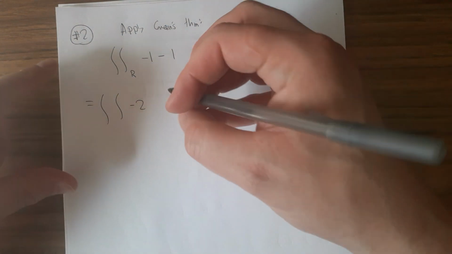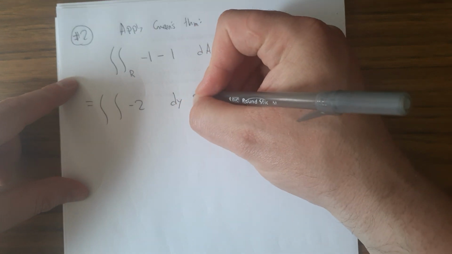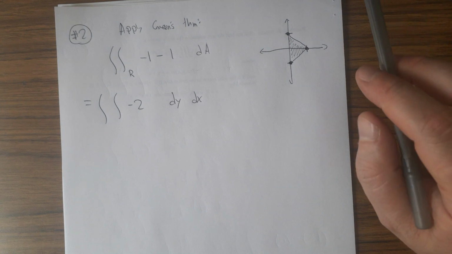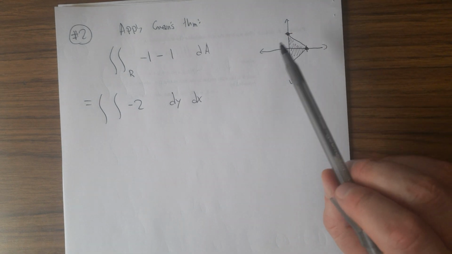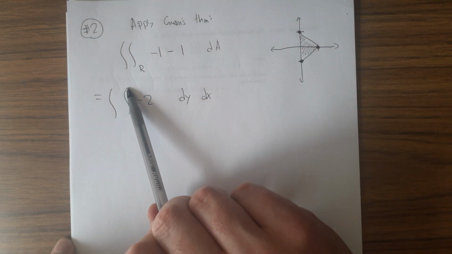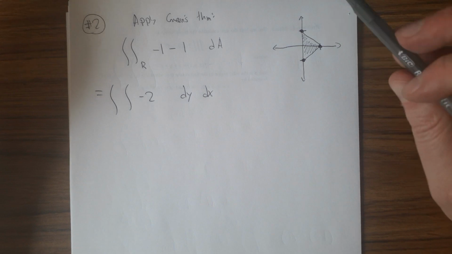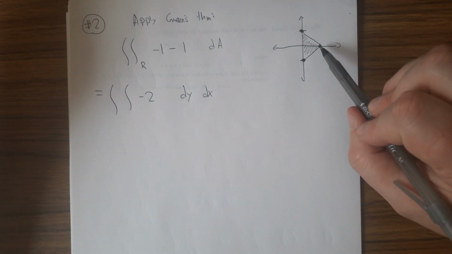If y is the inside, meaning dy is on the inside and dx is on the outside, my limits of integration for y are in general allowed to depend on x. And I need to consider that because I think that's what's going to end up happening.